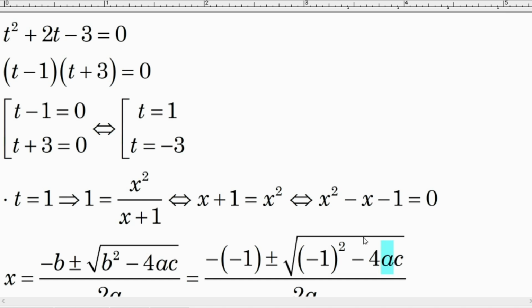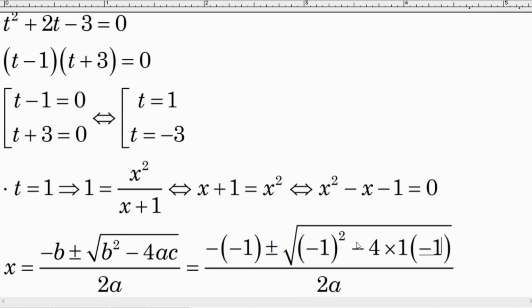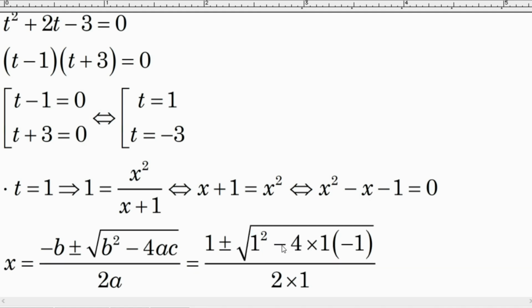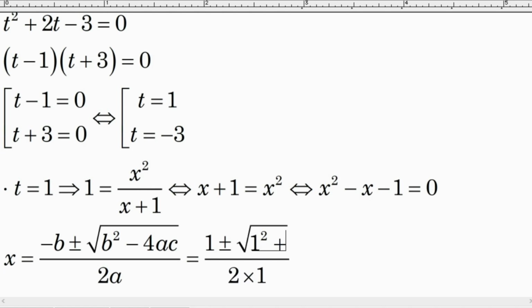Here a is 1, so we multiply with 1, and c is equal to minus 1, so we put minus 1 here. Minus with minus we got plus, so that will be 1 plus or minus the square root of minus 1 squared, which is equal to 1, and here we have minus 4 times 1 times minus 1, which is equal to plus 4, right?